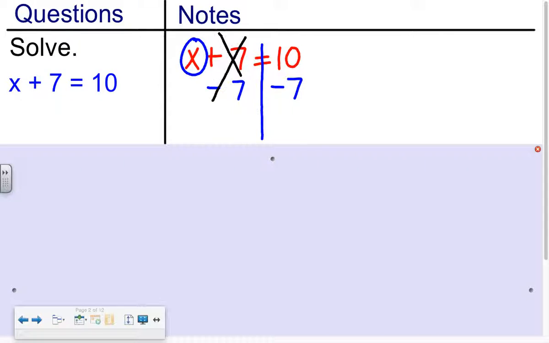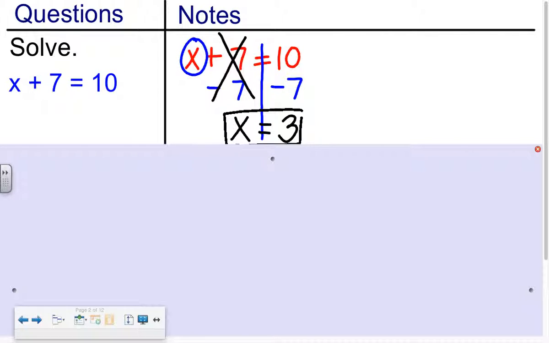So I'm just going to put a big X over that, meaning it's 0, it's gone, I don't need it anymore. Then I'm going to bring my x down, because that's all I have left on my left-hand side. Now whatever I did on the left, since I subtracted 7 on the left, I have to do that on the right-hand side as well. So I'm going to take 10 minus 7, and I'll end up with 3.